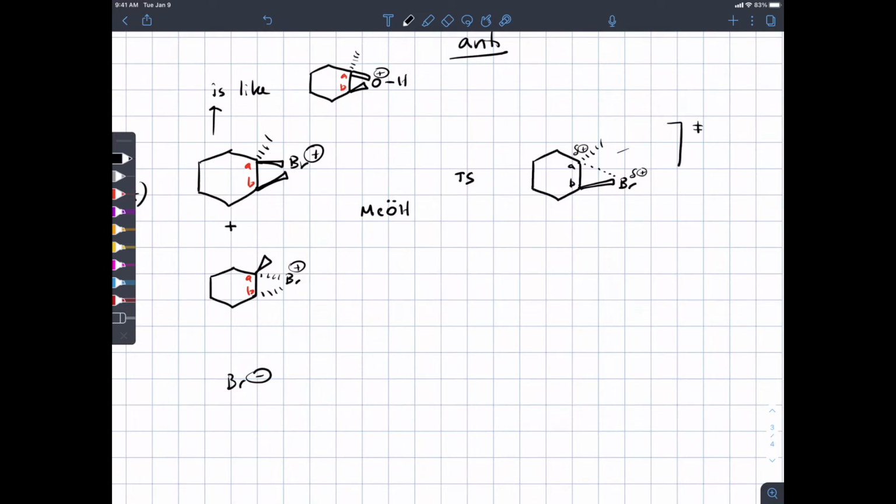Like we said before, this carbon is somewhere intermediate between tetrahedral and planar. So it's not quite tetrahedral anymore, it's flattening out.